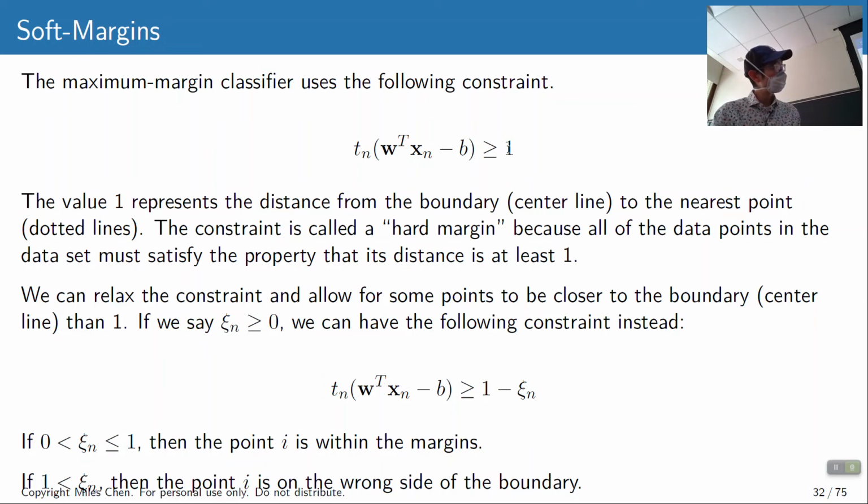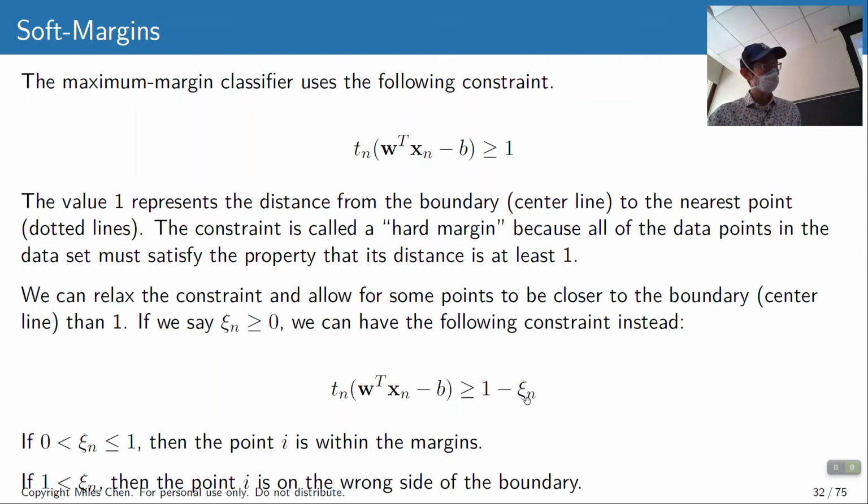Instead of saying the boundary has to be 1 or not, we can allow some of the points to be closer to the boundary than 1 itself, okay? So rather than saying it has to be 1 or more, it can be something a little bit less than 1.